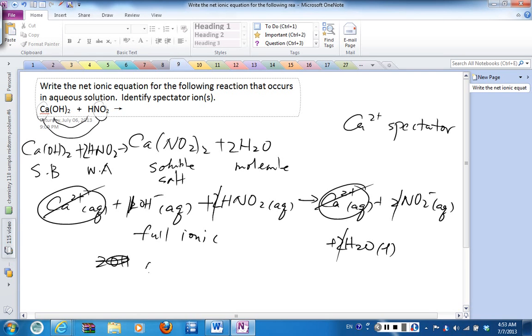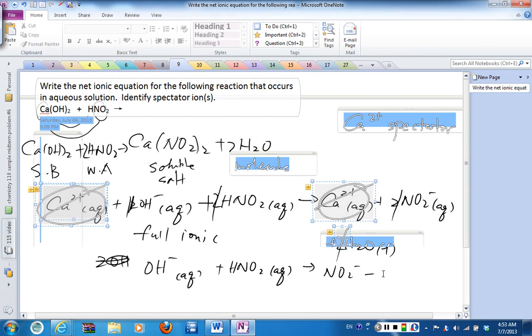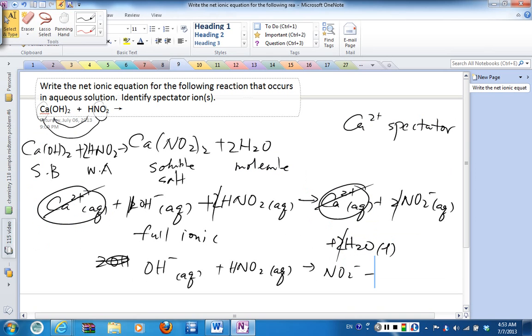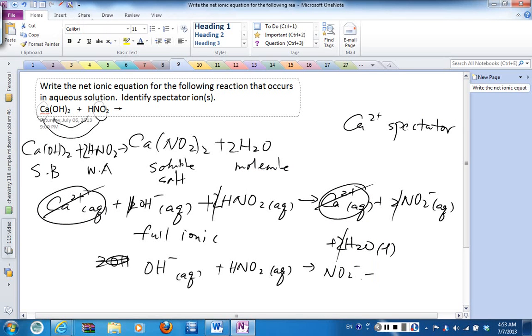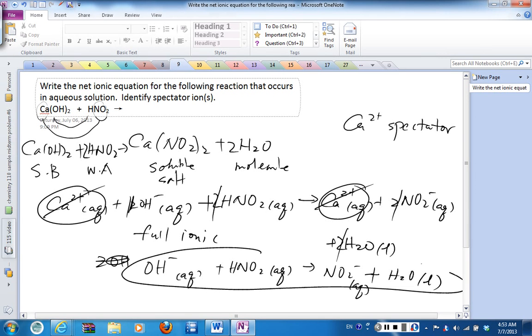Good. Hydroxide, HNO2, NO2, and water. And that is the balanced net ionic equation for the reaction.